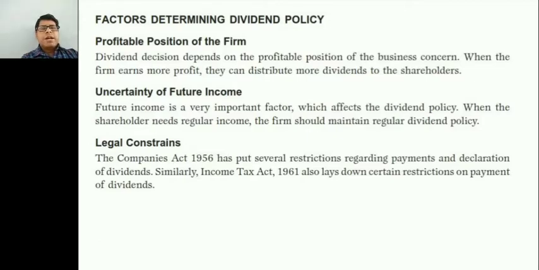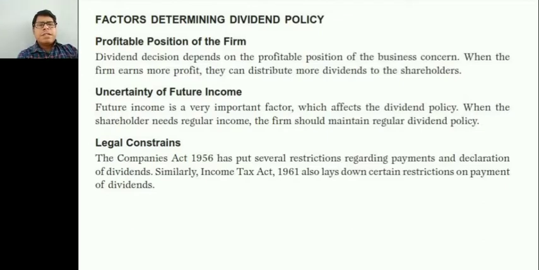The second important factor is the uncertainty of future income. If the future income is certain, then we can maintain a regular dividend policy, and if the future income is not certain, then we cannot maintain a proper dividend policy.